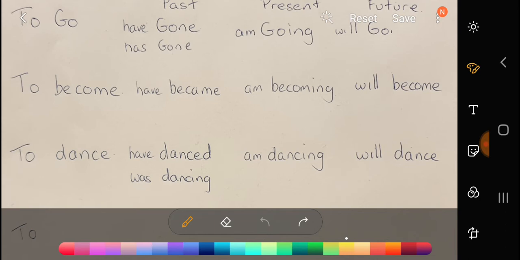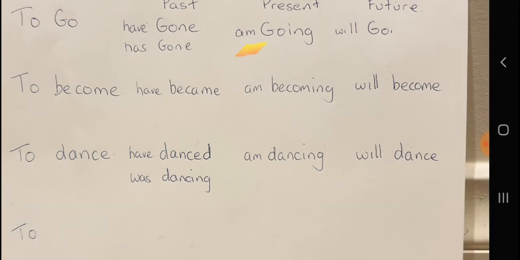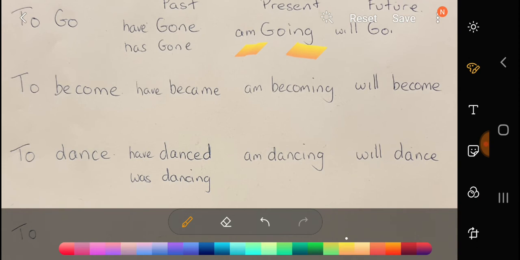And then we have the present, am going. So we put "am" at the front, and we always put "ing" for the present, for most verbs anyway.